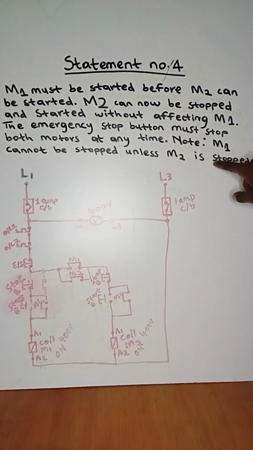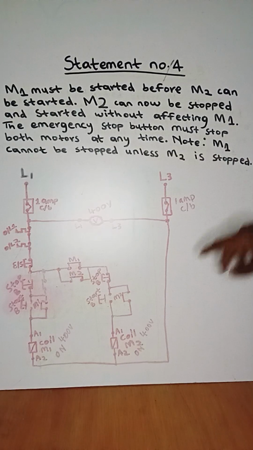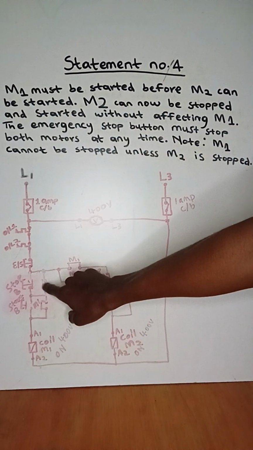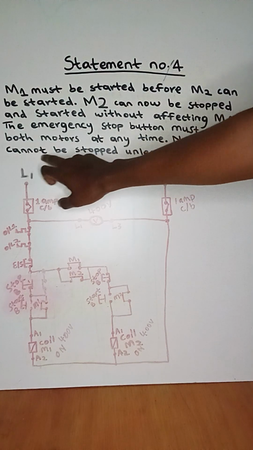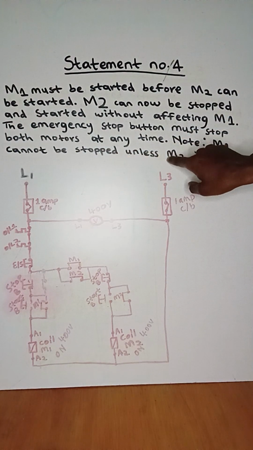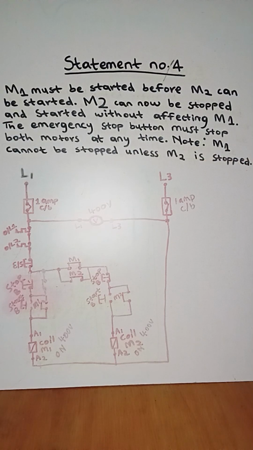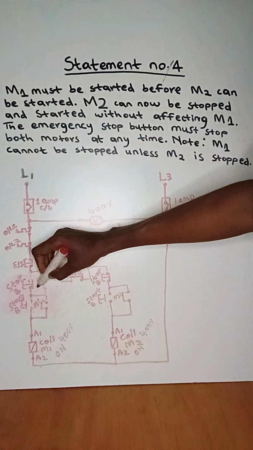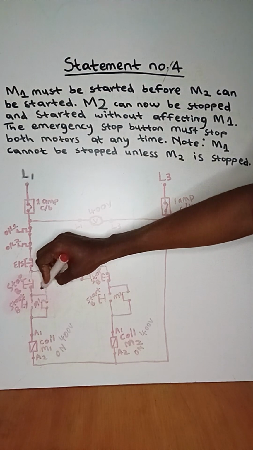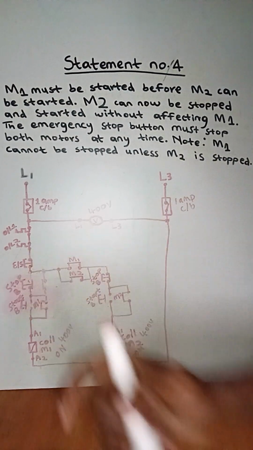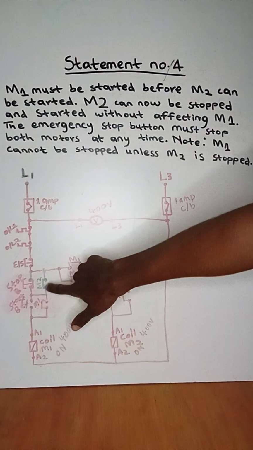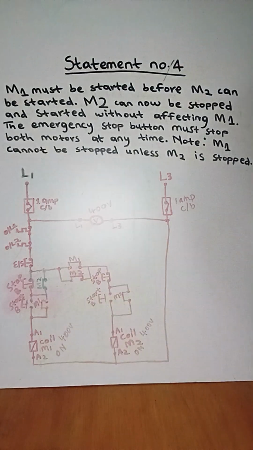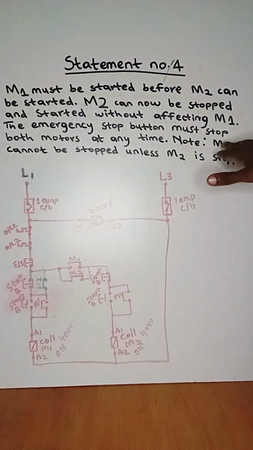When motor 2 is stopped, it will affect its contact, and the contact of motor 2 will be open. So this will be the contact of motor 2. We have created a close contact of motor 2 through the statement.